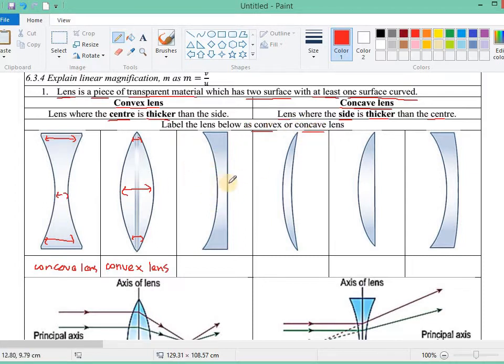This one, the center is thin, the side is thick. So that means this is a concave lens. This one, center thick, the side is thin.